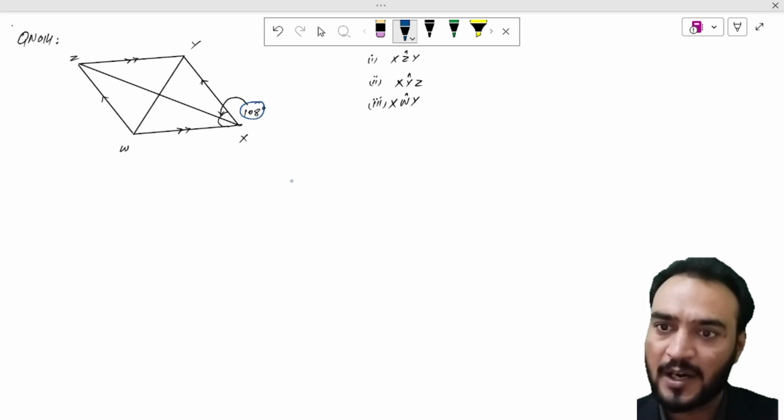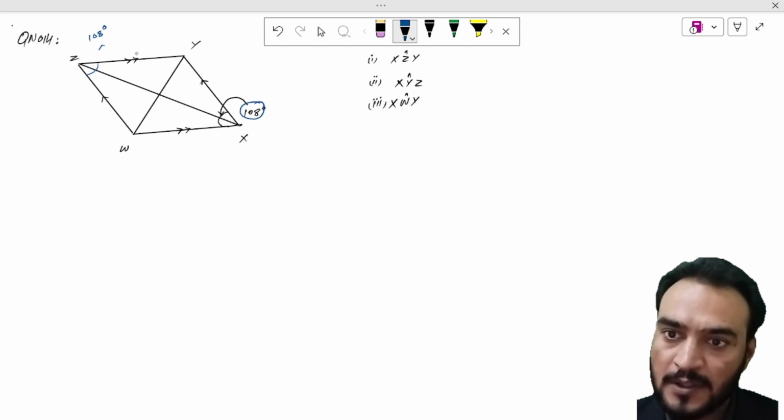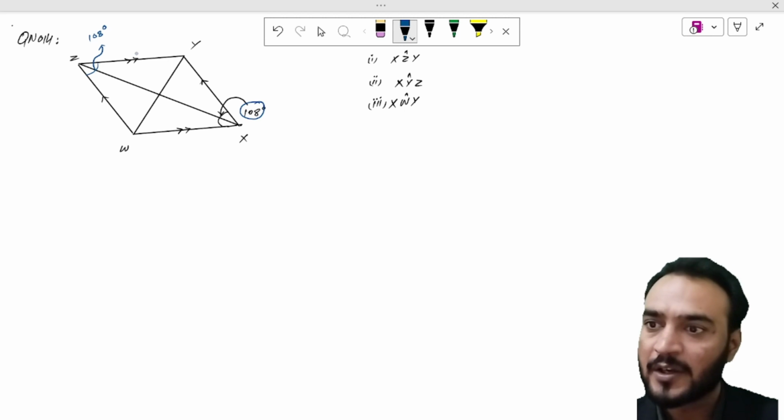You know, the opposite angles in a rhombus are equal in magnitude. So this angle is also equal to 108 degrees. This complete angle is equal to 108 degrees.